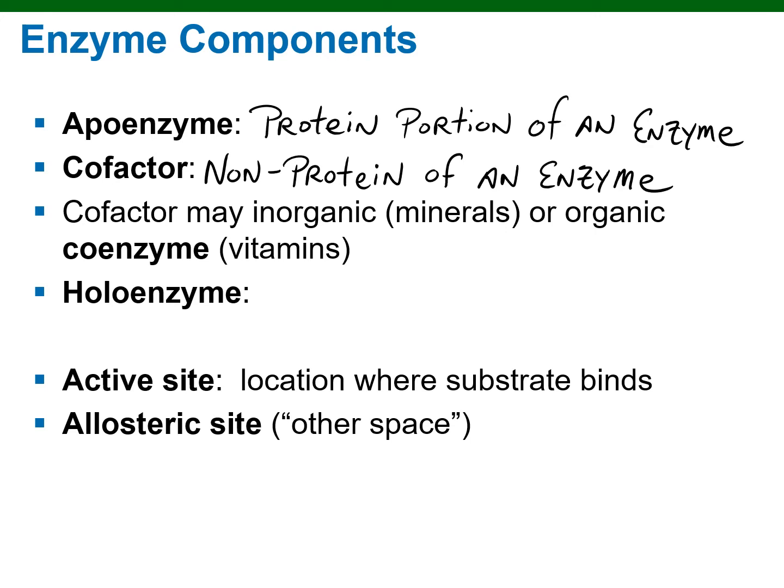So think of the letters of the alphabet: vitamin A, vitamin E, vitamin C, etc. And so you can have these cofactors be either organic or inorganic. And together, the cofactor, regardless of which type it is, combined with the apoenzyme protein portion, we get the fully functional holoenzyme, as it's technically called.